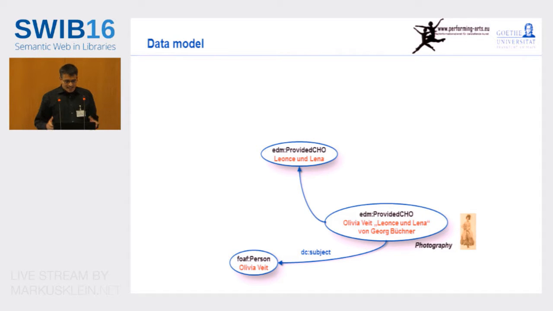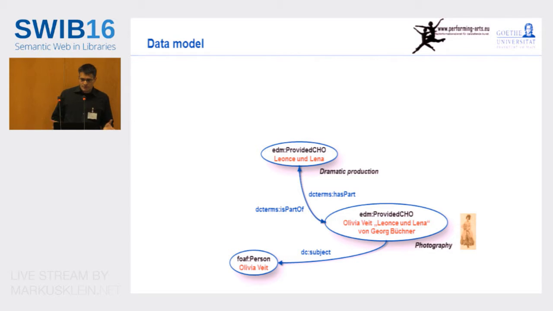We define it as the dramatic production, so it's the play itself, not the play, but the performance or a set of performances of Léonce and Lena. And we define it somehow as a set of objects that are in the archives that show what happened in this event.